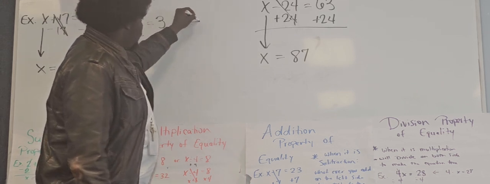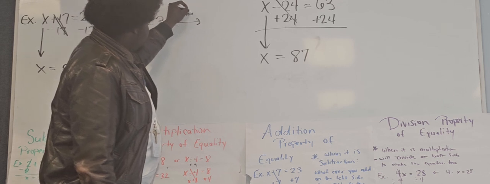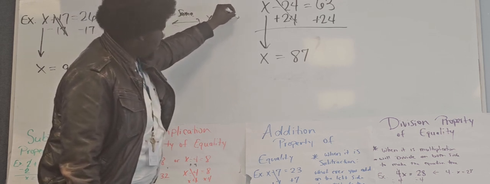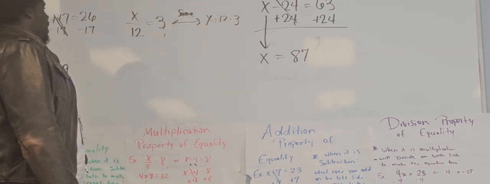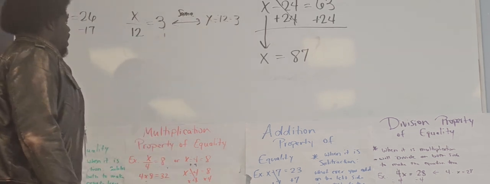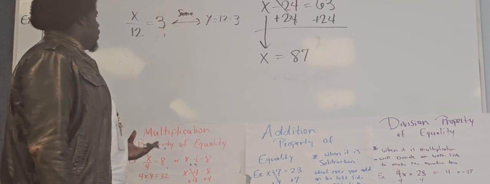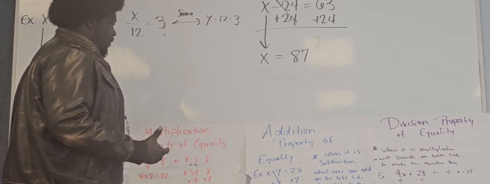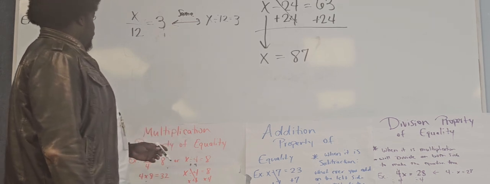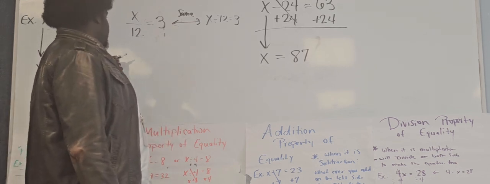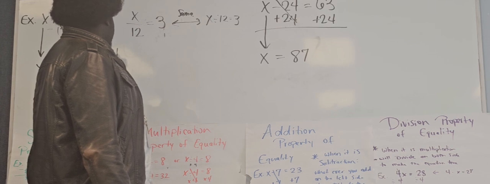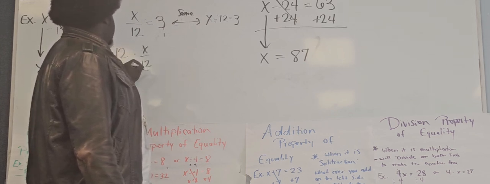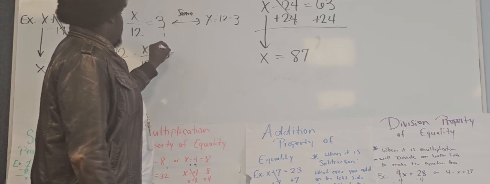Well, that is the same as x divided by 12 equals 3. And because this is division, we will have to do the opposite operation to figure out what x is. And the opposite of division is multiplication. So we will have to multiply. We are going to multiply 12 on this side, and then multiply 12 on the other side.